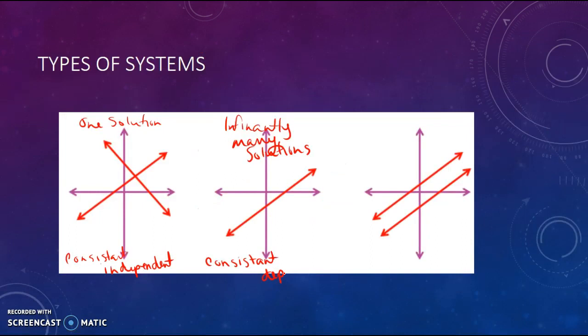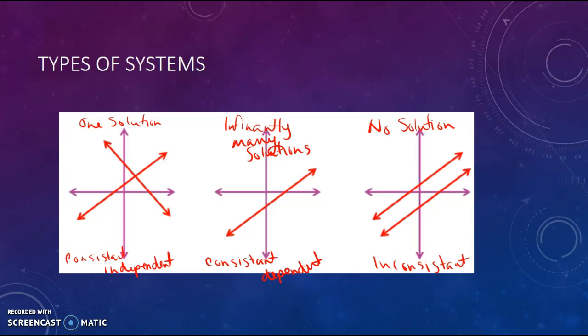Alright. Consistent dependent. And then our parallel lines, that's our no solution. Because our parallel lines will never cross, and if a solution is where our lines cross, then we will have no solution here, and that is our inconsistent.